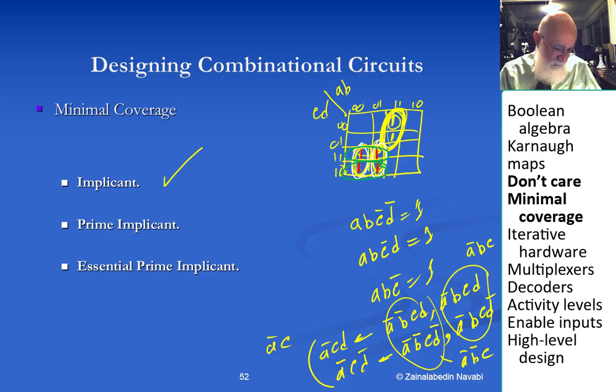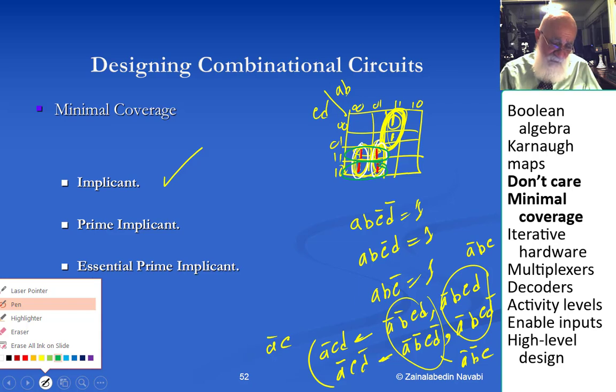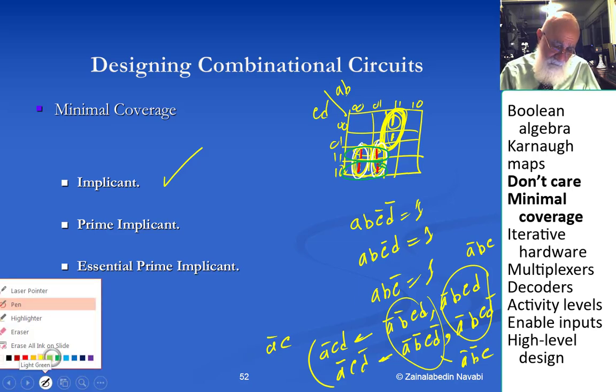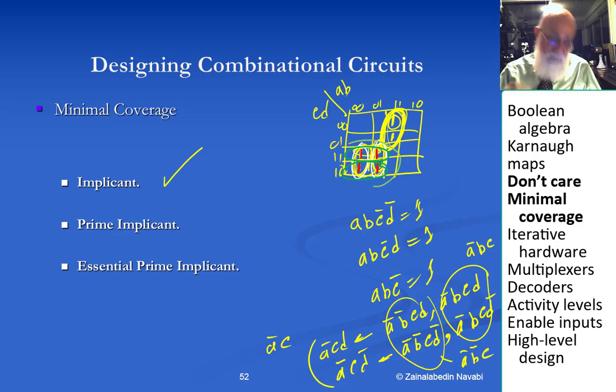All of these are completely covered by this. Okay, therefore they are not implicants. Therefore those little ones are not prime implicants, and you only have one prime implicant here, one prime implicant here.